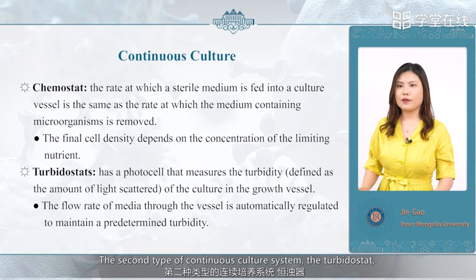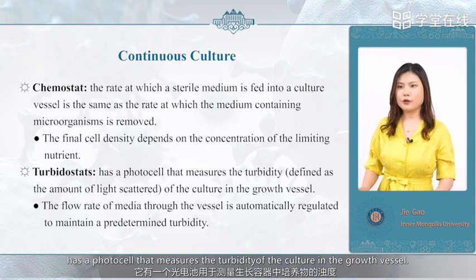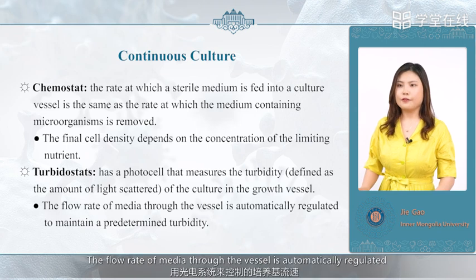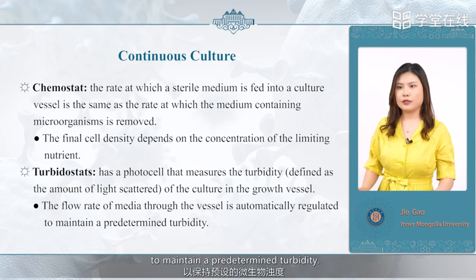The second type of continuous culture system, the turbidostat, has a photocell that measures the turbidity of the culture in the growth vessel. The flow rate of media through the vessel is automatically regulated to maintain a predetermined turbidity, because turbidity is related to cell density. The turbidostat maintains a desired cell density.